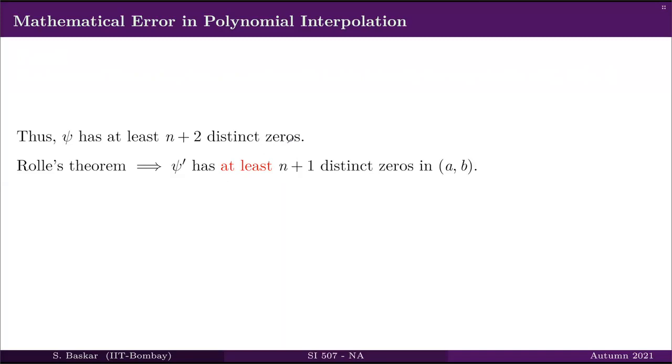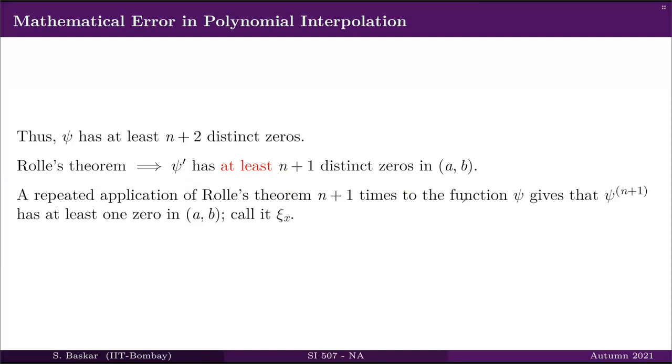And again, apply Rolle's theorem. We can see that ψ'' will have at least n distinct zeros in (a,b). And in this way, you can continue and see that the (n+1)th derivative of the function ψ will have at least one zero in the interval (a,b).